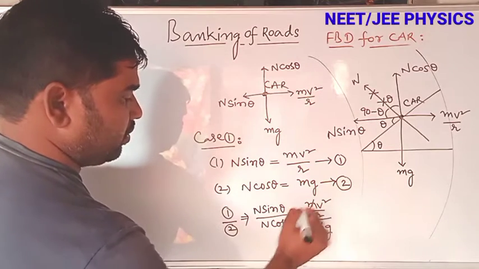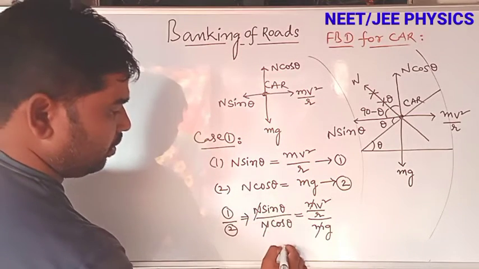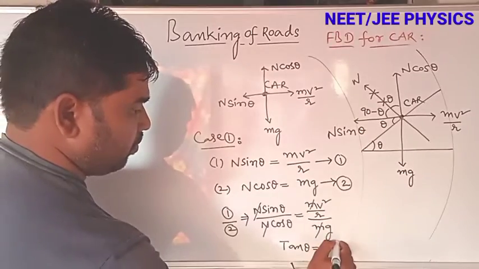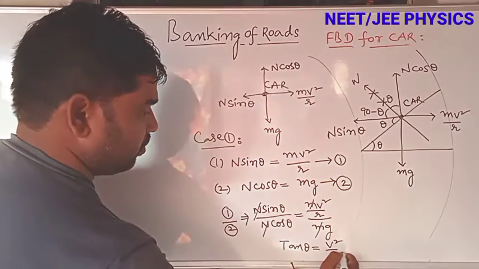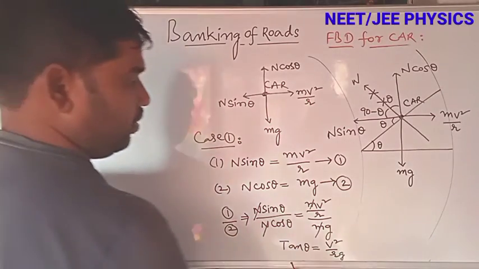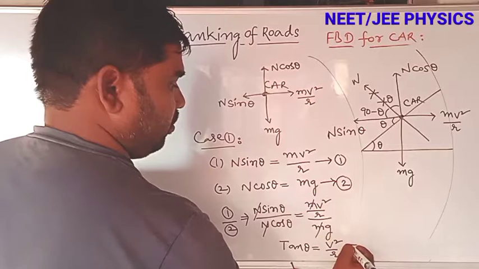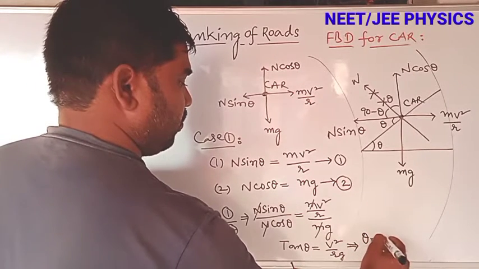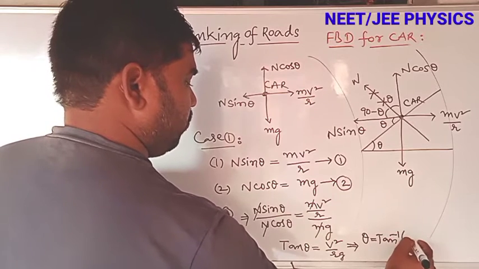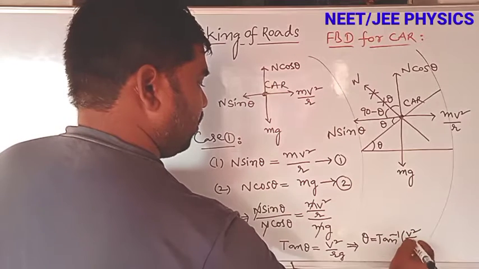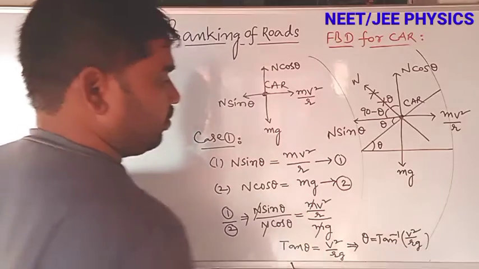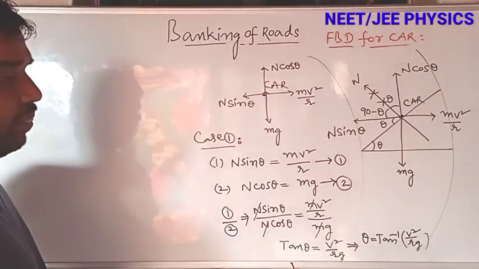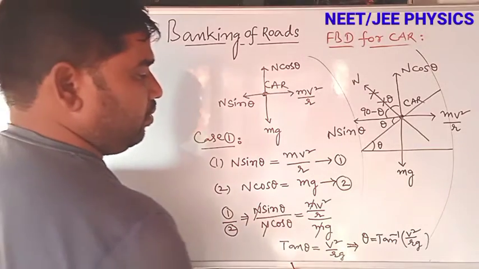Here m gets cancelled, n gets cancelled, so tan theta equals v square by rg. From that, what can we write? Theta equals tan inverse of v square by rg. Here theta is called the banking angle.